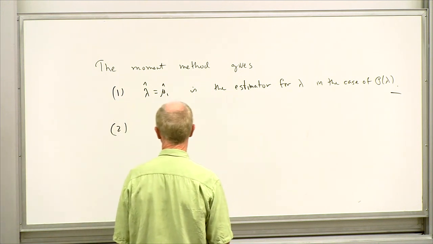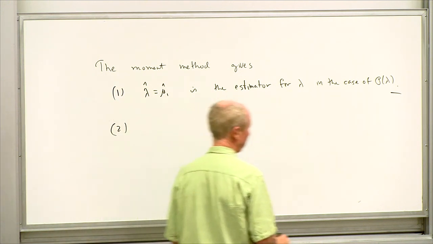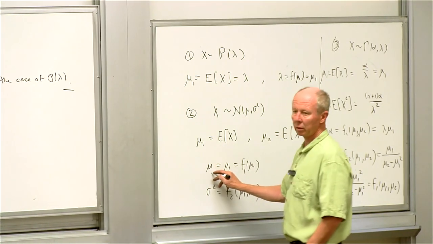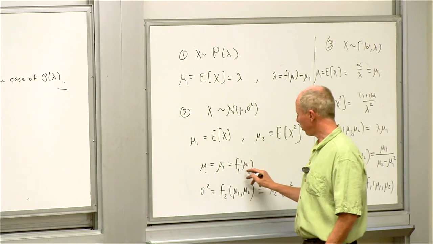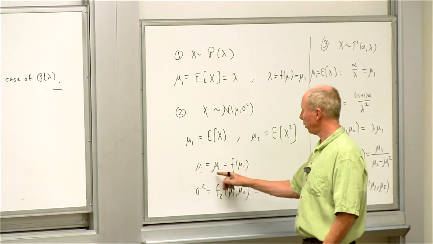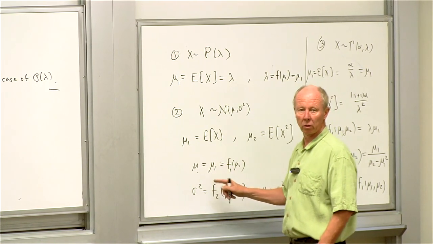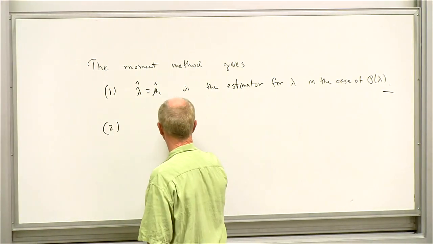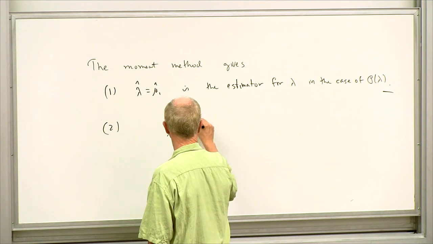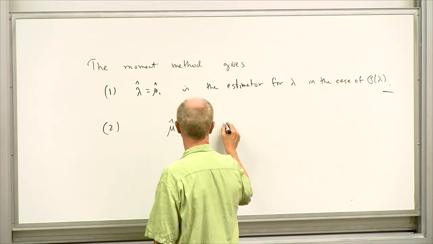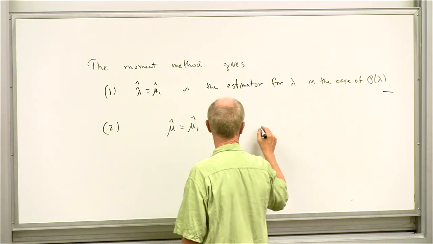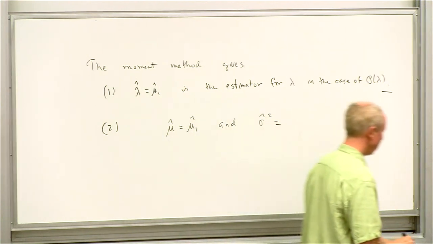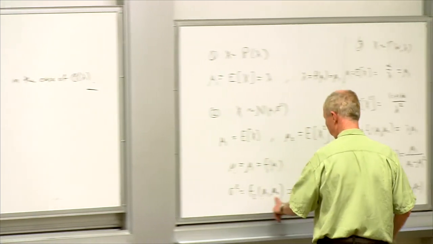In the normal case, how would we estimate mu? Well, it's a function of mu1 alone. In fact, it's mu1 hat. And how do we estimate sigma squared? We plug in mu1 hat here, mu2 hat here.